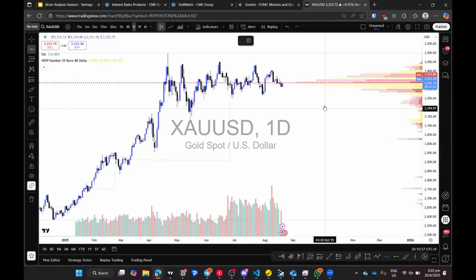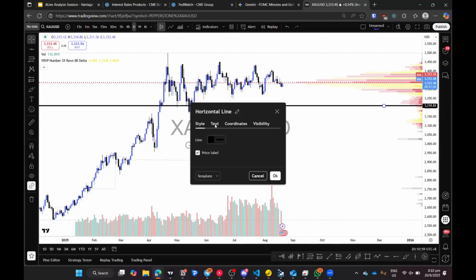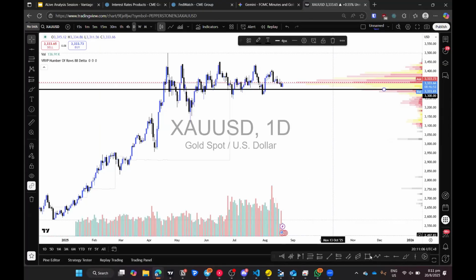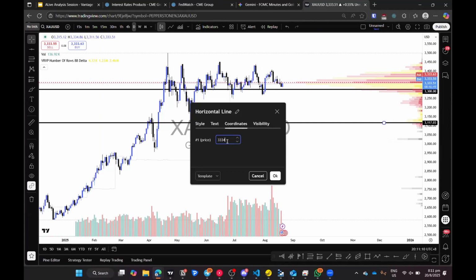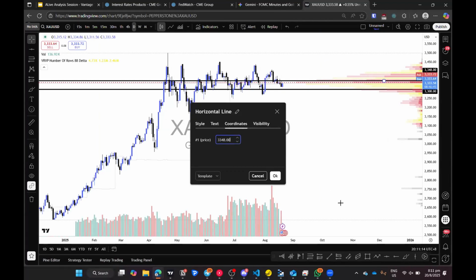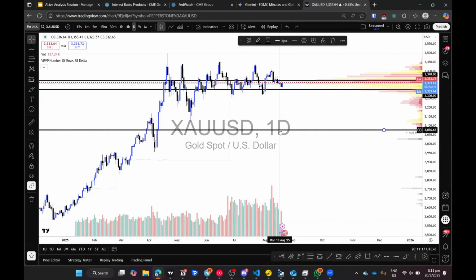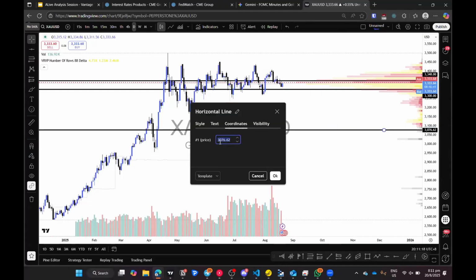Okay, so we want to look at 3,300, which is around here. First level is 3,300. Second level is 3,348. And then the last level that we're looking at, the furthest resistance, is 3,500.